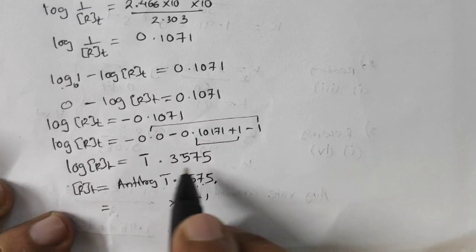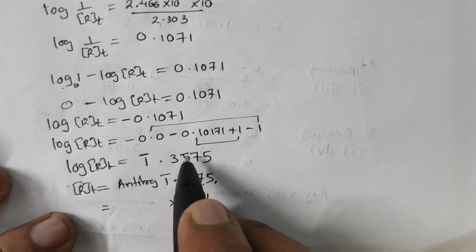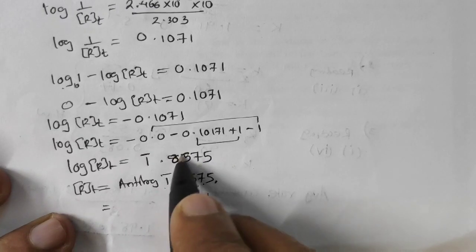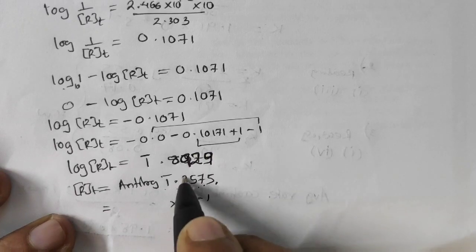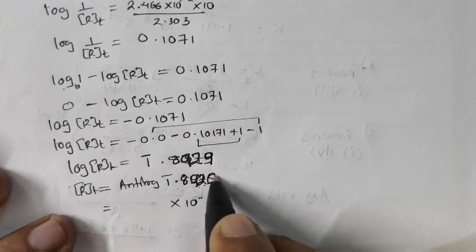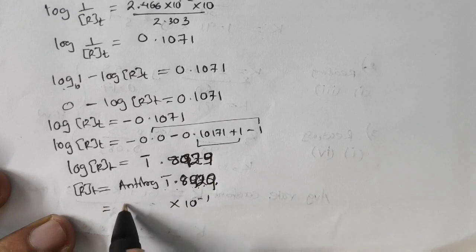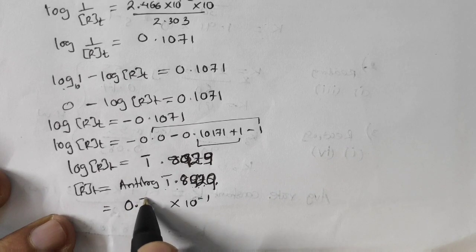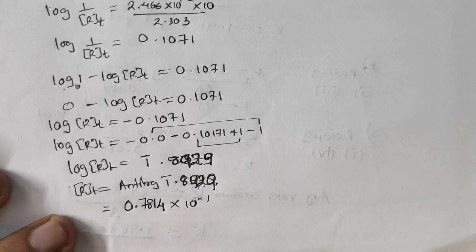just a minute, some mistake is there here. If you simplify, it will be 1 bar 0.8929. Okay, and if you find the anti-log for this, it will be 0.7814, like this it is.